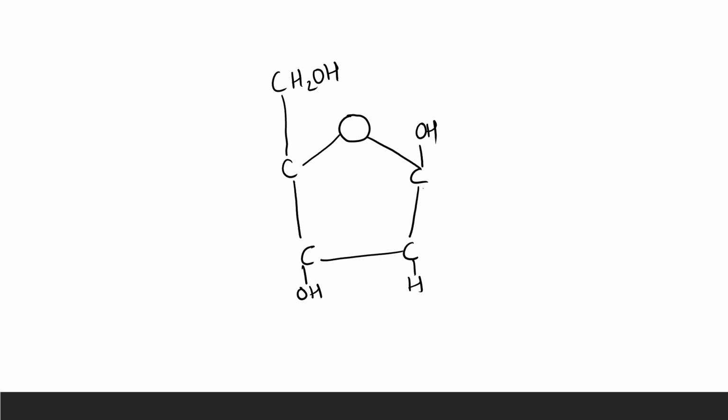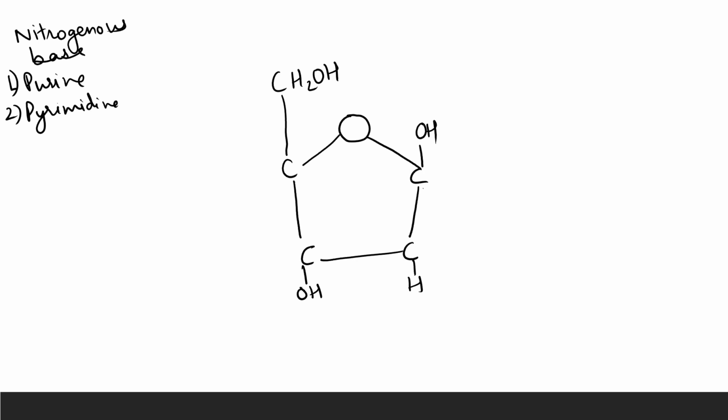Now the first thing we need to join with it is the nitrogenous base, right? We already know about the nitrogenous base. We have two types: the first is purine, and the second is pyrimidine, right?